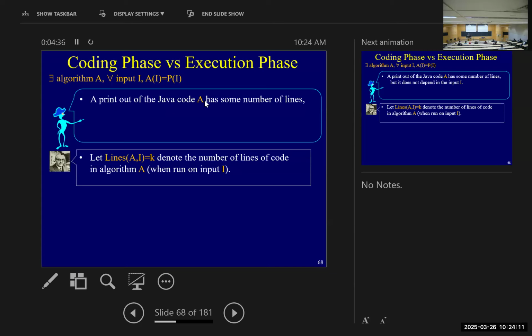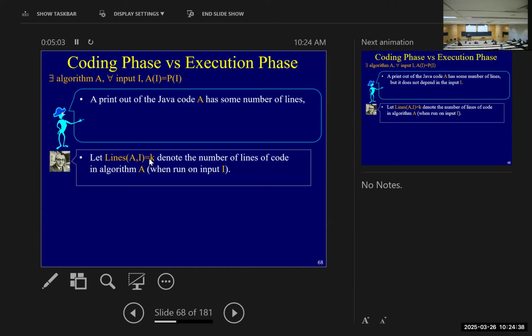So, you know, we know Java code has a number of lines of code, right? And so a Gödel wants to put everything into logic. So here he says, here's a thing, it's a function. It takes in two objects and returns an object. And this object is the algorithm. This input is the input to the algorithm.